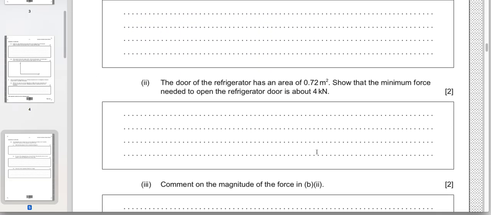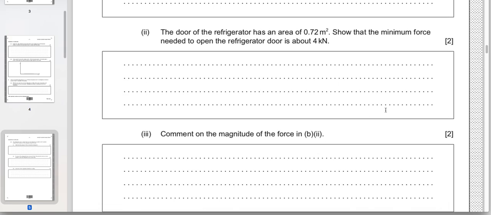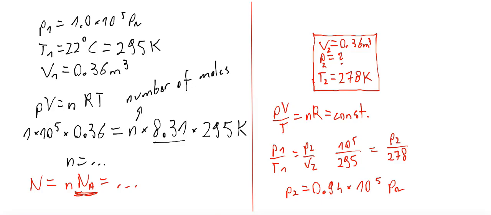Okay, the door of the refrigerator has an area of 0.72 meters squared. Show that the minimum force needed to open the refrigerator door is about 4 kilonewtons. Okay, it's a nice exercise because it's something new.